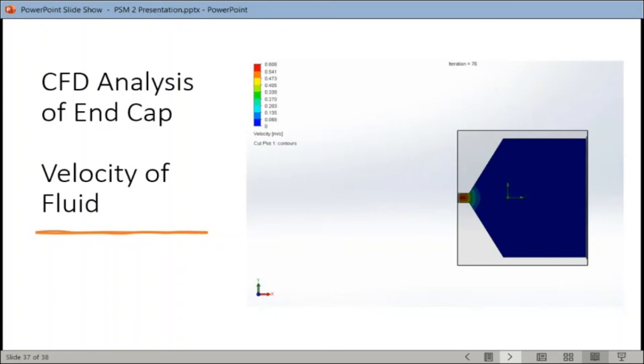Thus, the velocity of the fluid at the outlet increases to 0.6 meter per second as the cross-section area at the outlet becomes smaller, as shown in the figure.